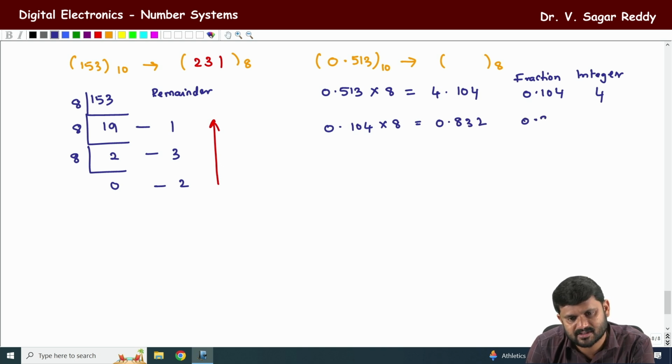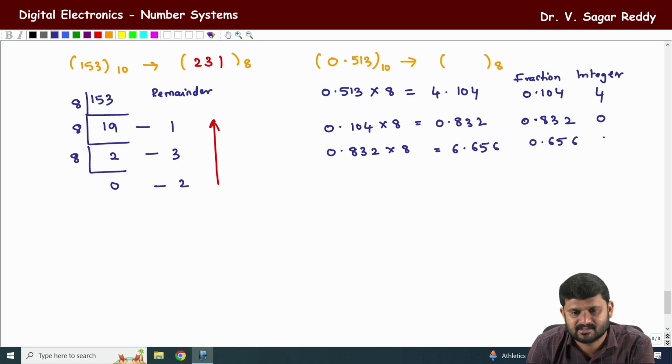Now the new fraction is 0.832 and the integer is 0. Now I'll take this new fraction 0.832 and multiply with 8. I'll get 6.656. The new fraction is 0.656, and the integer is 6.